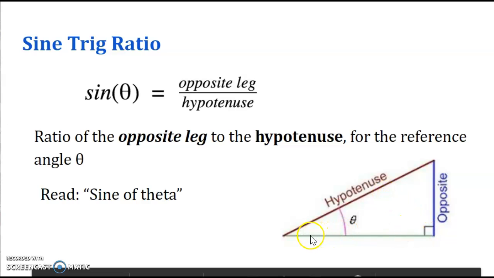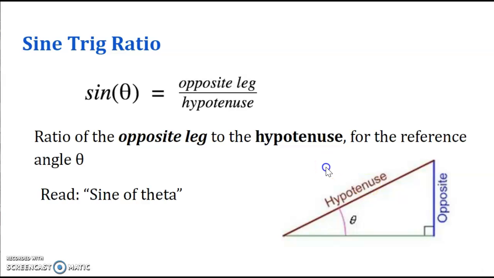So sine of theta is always the opposite leg divided by the hypotenuse length.